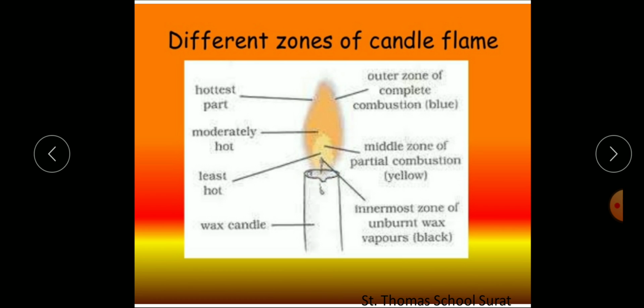The zone is dark and emits no light. Why? Because there is no oxygen. Understood? If there is oxygen, then only the combustion is going to take place. But in this zone, there is no oxygen, so no combustion will take place. And the zone is dark, so it emits no light. Understood? So these were the different zones of candle flame.